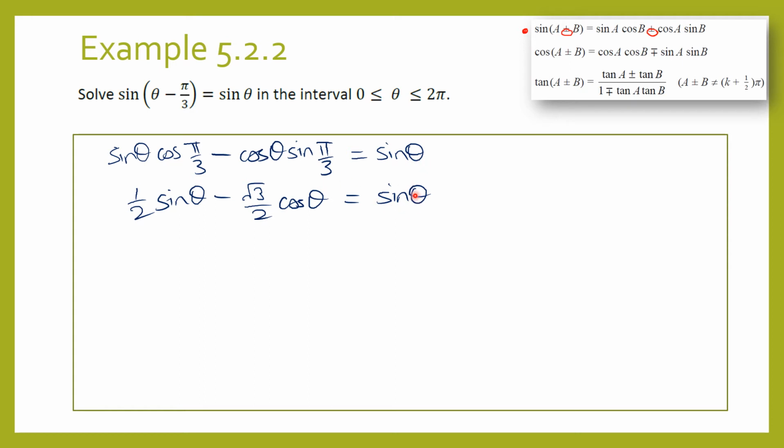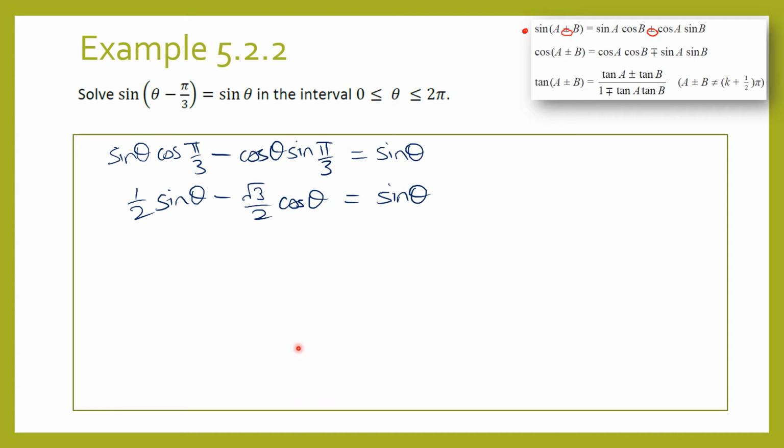Now, very important step coming up next. We've got 3 terms. 2 of them contain sine theta. 1 of them contains cos theta. Pause the video and think, what is our next move here? Right, well, if you haven't come up with any ideas, then I'll tell you what we're going to do, and then again you can pause the video and try and carry out that step.